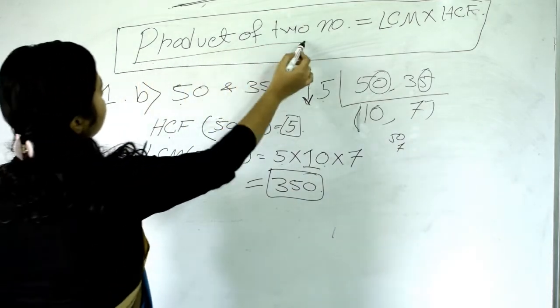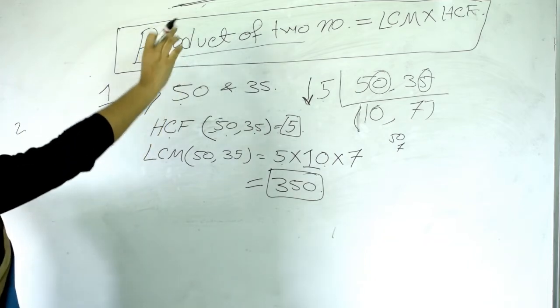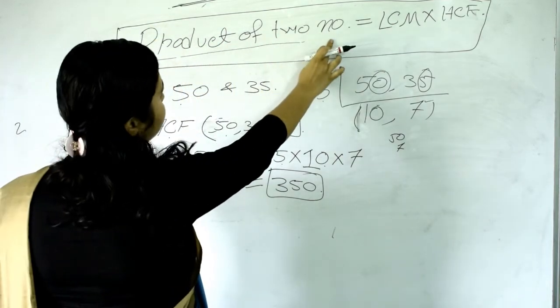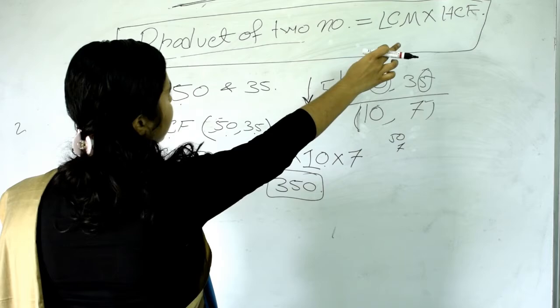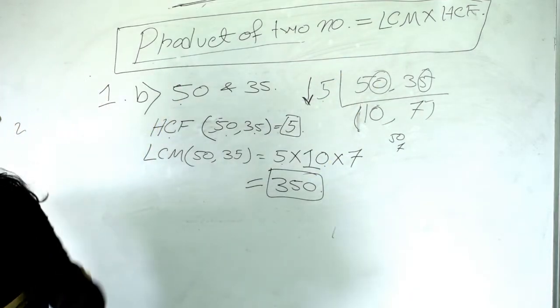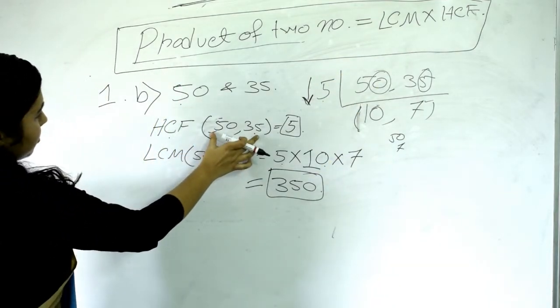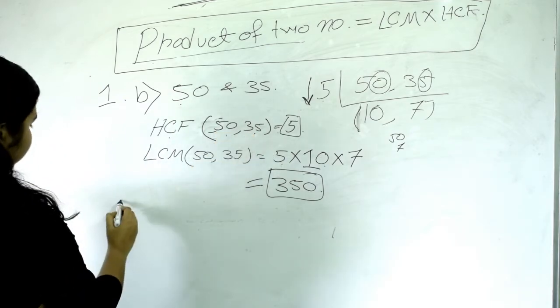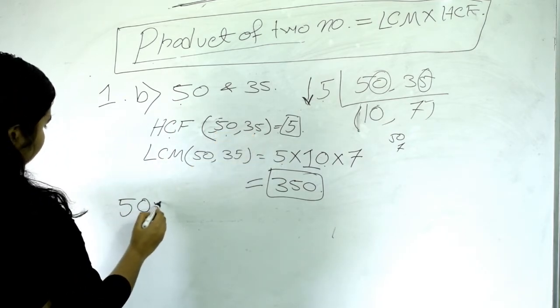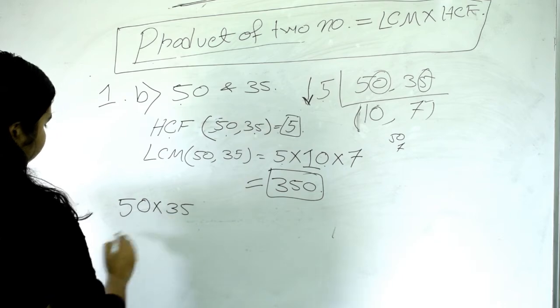Now check by this rule. The rule is product of two numbers equals LCM into HCF. Now product of two numbers, that means product of 50 and 35.